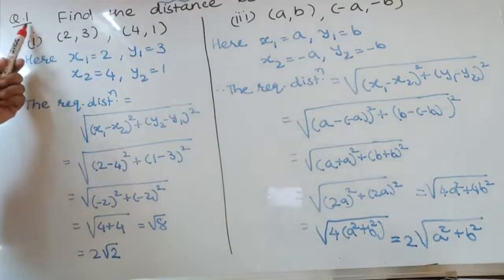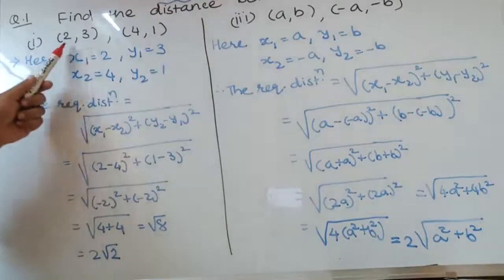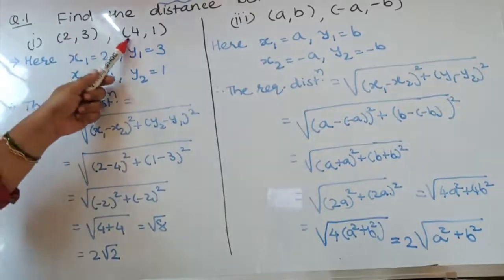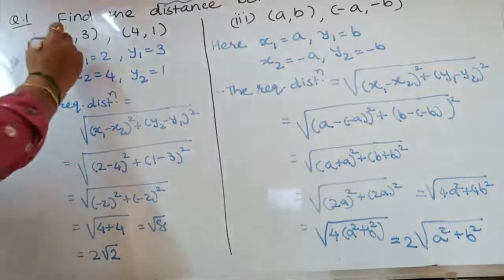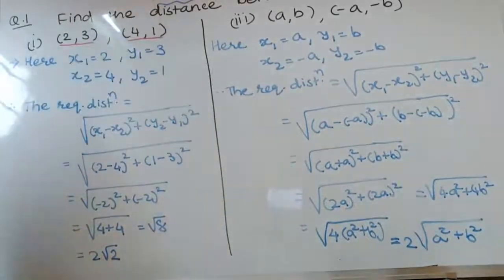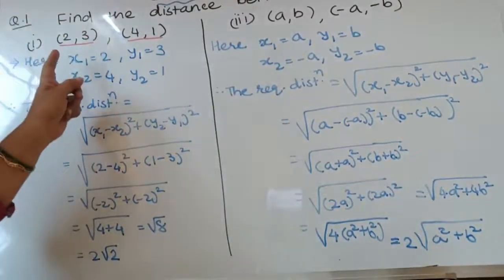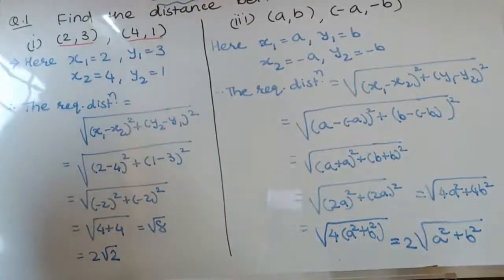In 7.1, the first question is: find the distance between the two points given (2, 3) and (4, 1). So here any one point you can take as x1, y1 and any other point you can take as x2, y2. It is not compulsory that you choose the first as x1, y1 and second as x2, y2.